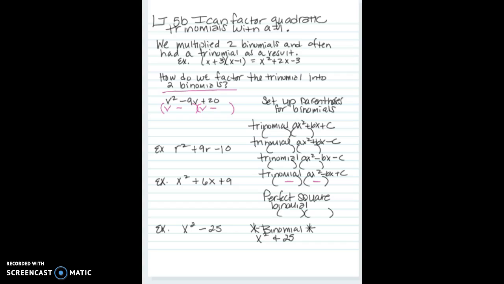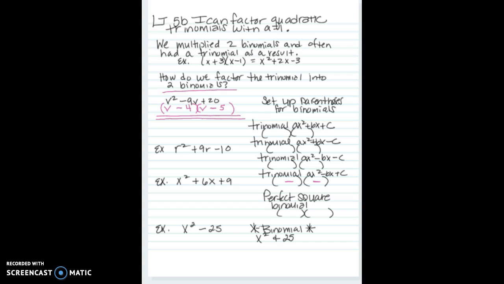Well, 2 times 10 is 20, but that adds to 12. 4 times 5 is 20, and 4 plus 5 adds up to 9. Because I already have the signs taken care of, I can just worry about putting in a 4 and a 5. So my factors end up being v minus 4 times v minus 5. And those are my factors of the trinomial v squared minus 9v plus 20.